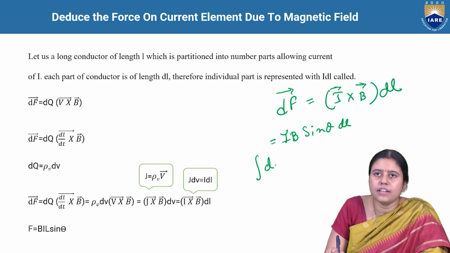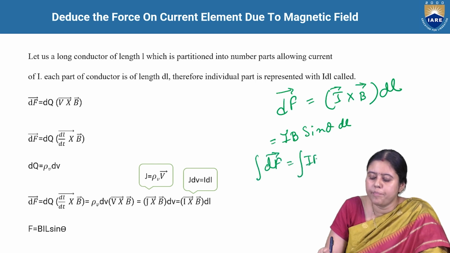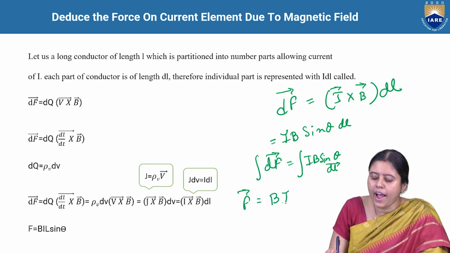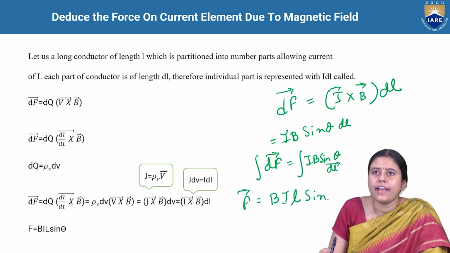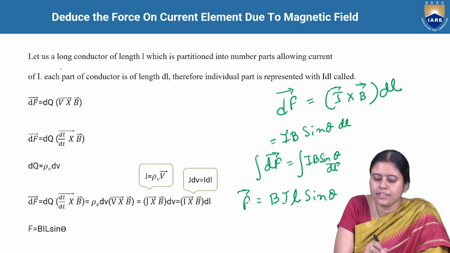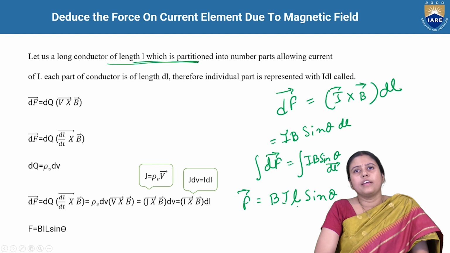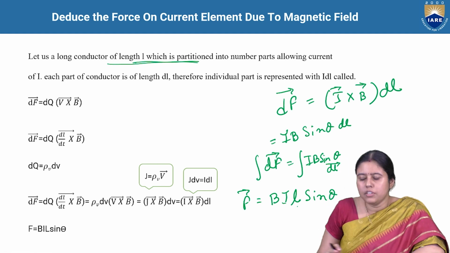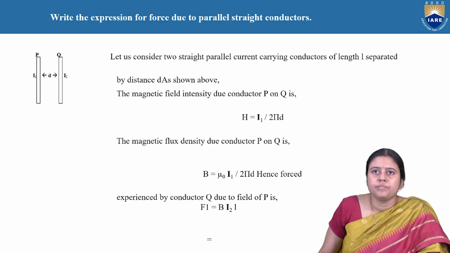If we integrate both sides, what will happen? I is constant, B is constant, and the angle is constant. So F is equal to B I L sin theta, where L is the length of the wire.